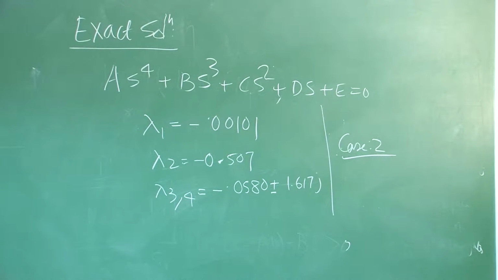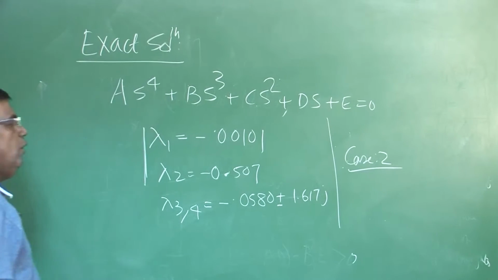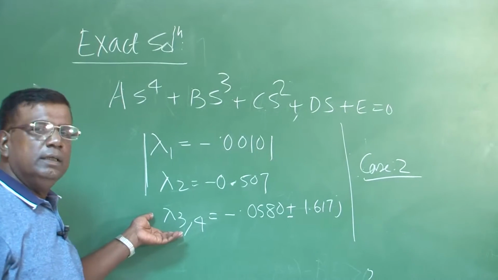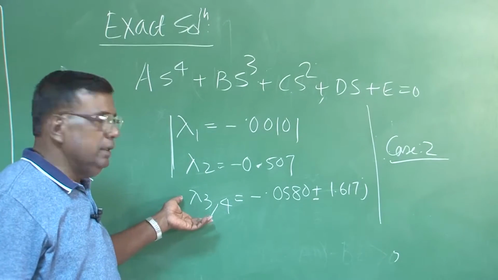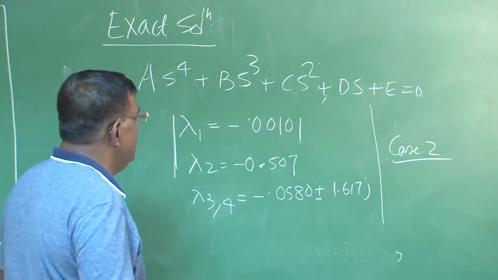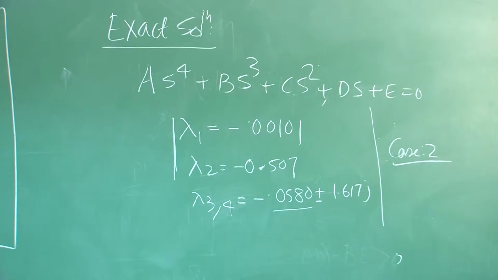Now you could easily see here that these 2 are real, so there are no oscillations. However, this root is a complex conjugate, so it has oscillation. And also you could see the real part is not as negative as the short period real part.